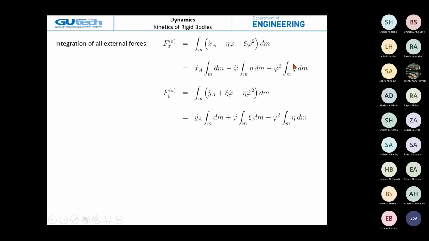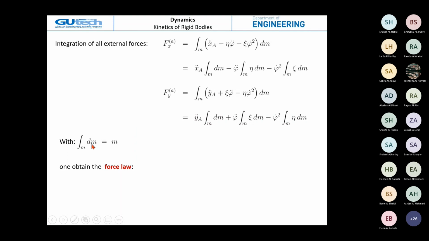The same holds for xi. If we develop this, we have three terms, and the same principle applies for the force in the y direction.